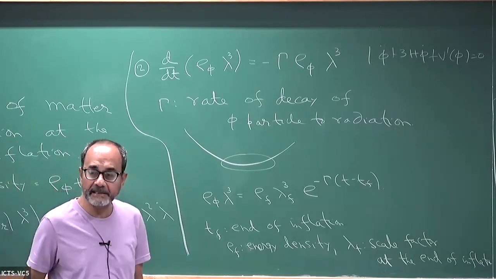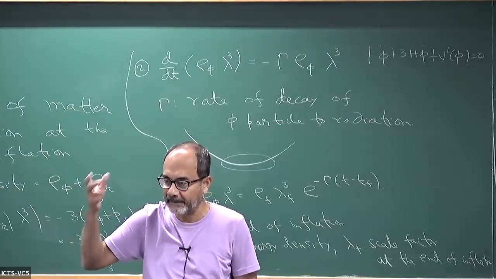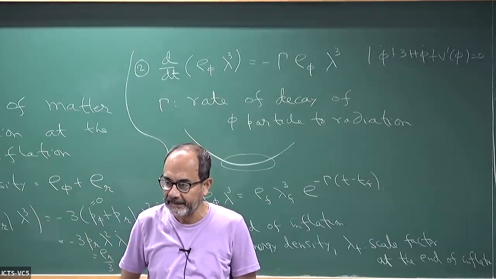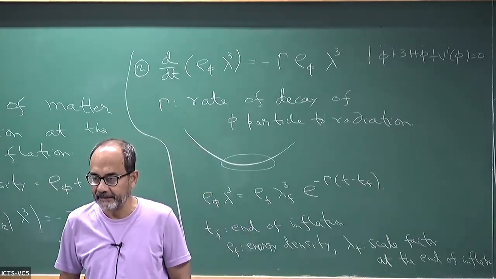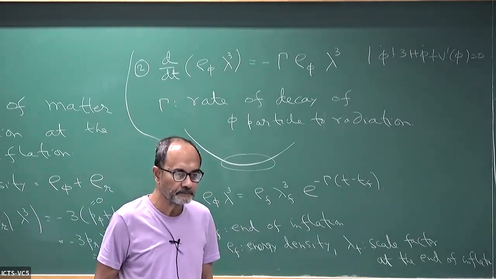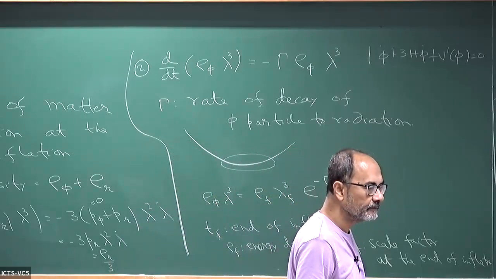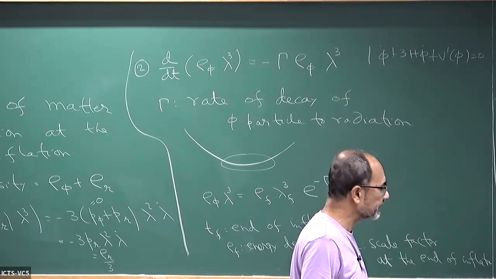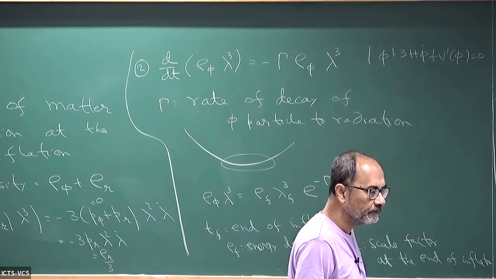It's like having an unstable particle in the early universe. There will be some unstable particles, but most of them would have decayed, and the density of such unstable particles falls off exponentially. Can I evolve this integration up to t equals infinity? Yes, you can evolve this equation up to infinity, but after some time our universe is cosmological constant dominated.